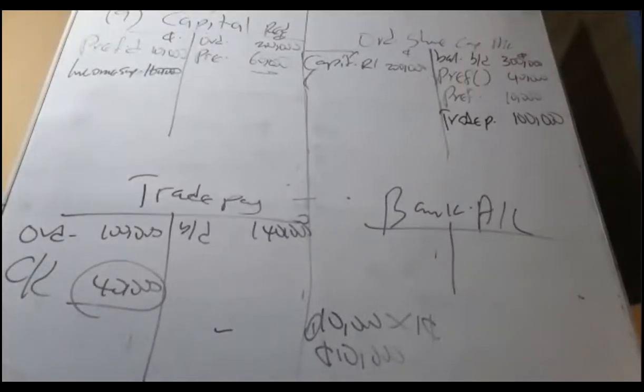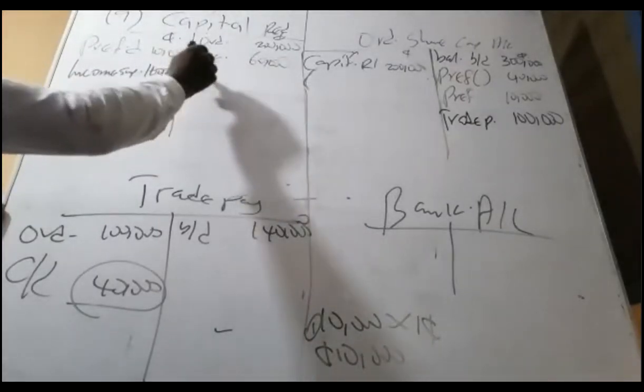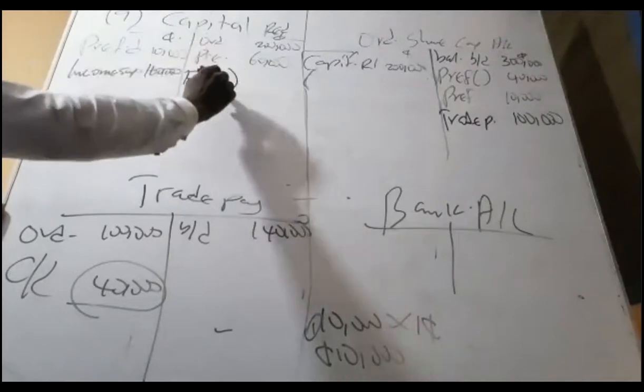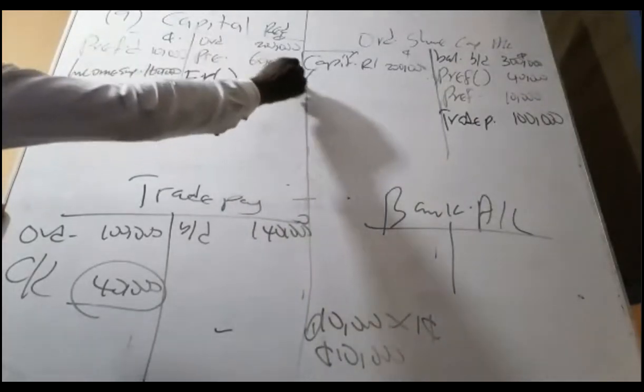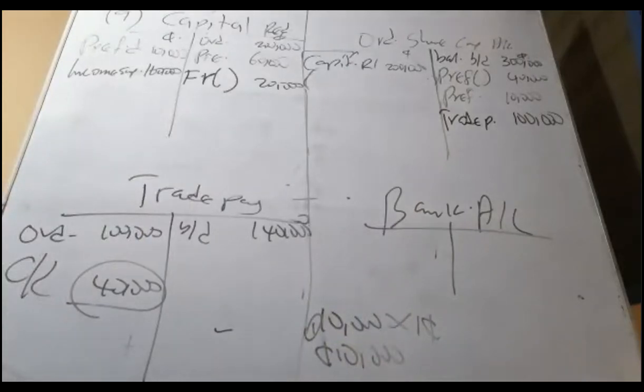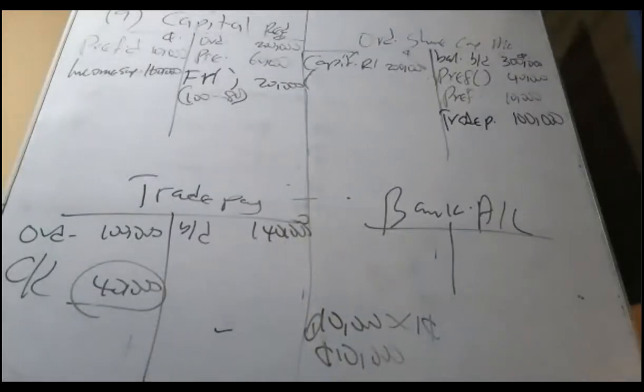So gains will come here. So I write freehold property in brackets. I do the workings. They do the workings. So 20,000. We are done. The workings will be 100,000 minus 80,000. Just find the difference.